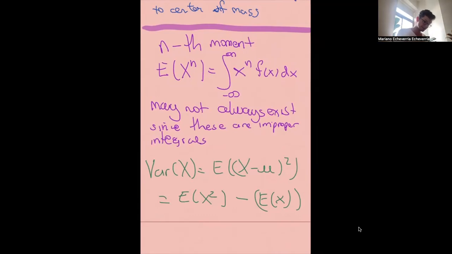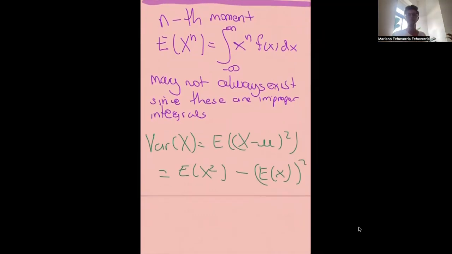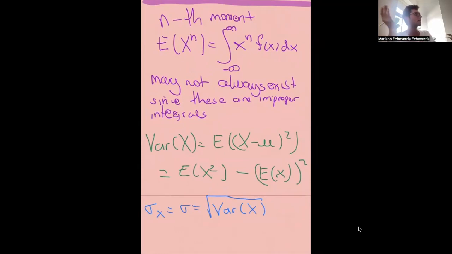Nothing changes. You can define the standard deviation, sigma, as the square root of the variance, provided all of this exists. But in most applications, especially for a course like this, which is not super advanced, for the examples we will do, they will always exist.